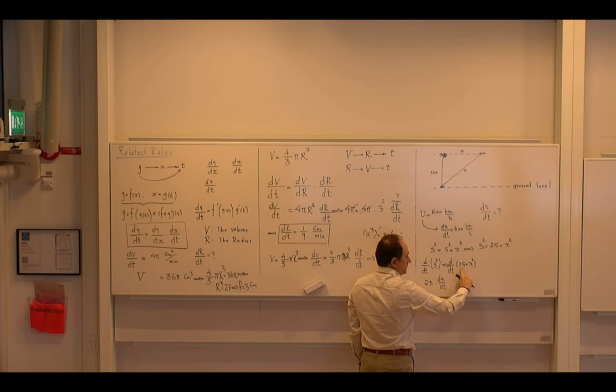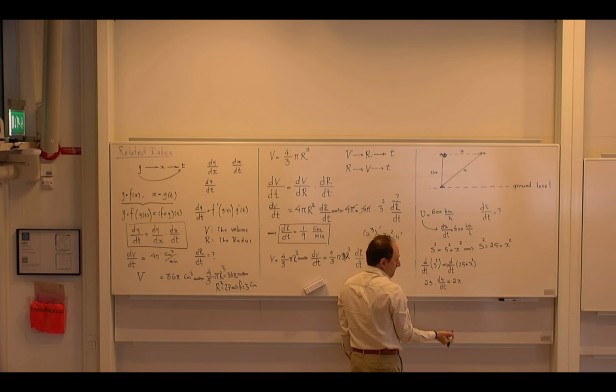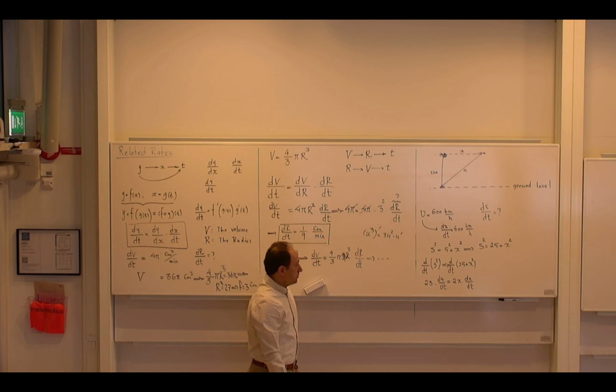The derivative of the constant is 0, so I don't need to write it. But the derivative of x squared is not simply 2x, because x is a function of time and I'm differentiating with respect to time. So this is 2x, but, can you tell me? dx/dt. That is a simple way of differentiation.